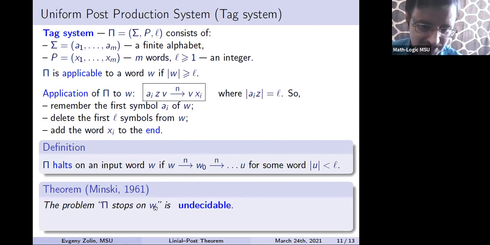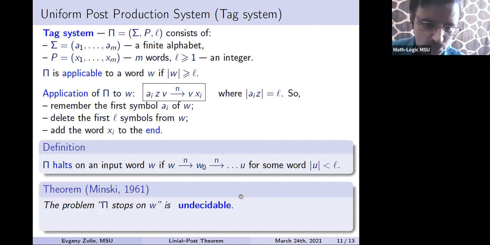The input of our algorithm has two things: a tag system and a word, and our algorithm must check whether pi halts on word W. There is no such algorithm, so we cannot check whether pi halts on W. This problem is undecidable.